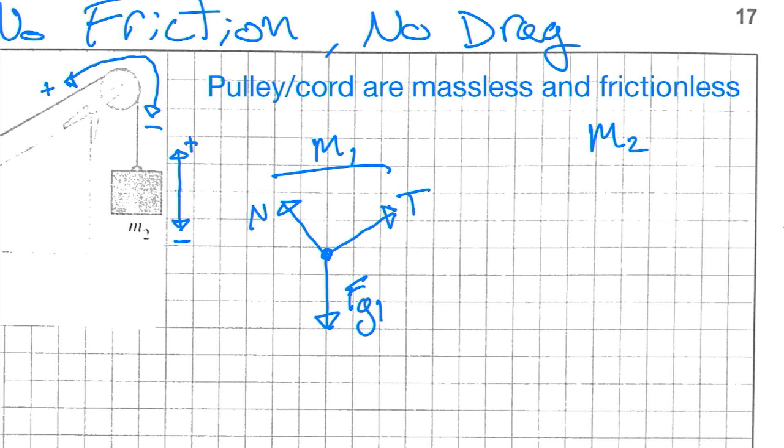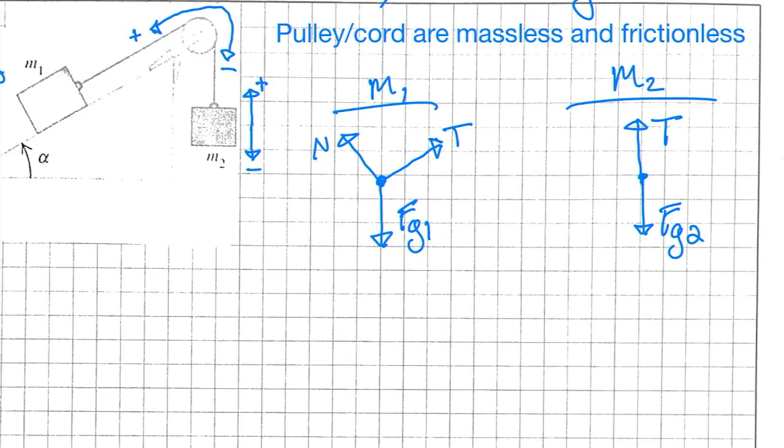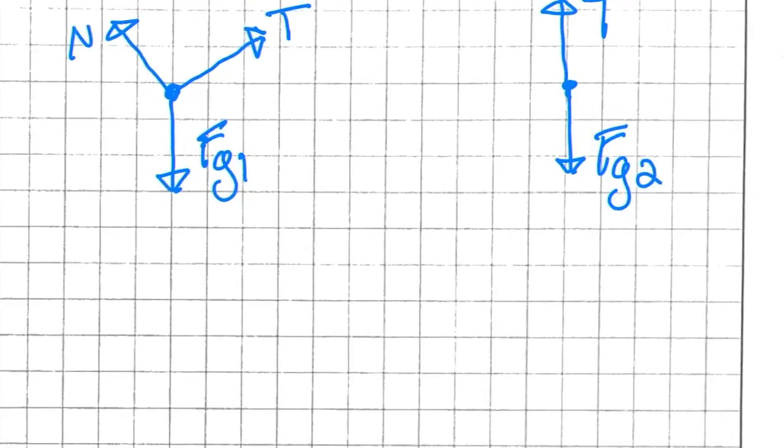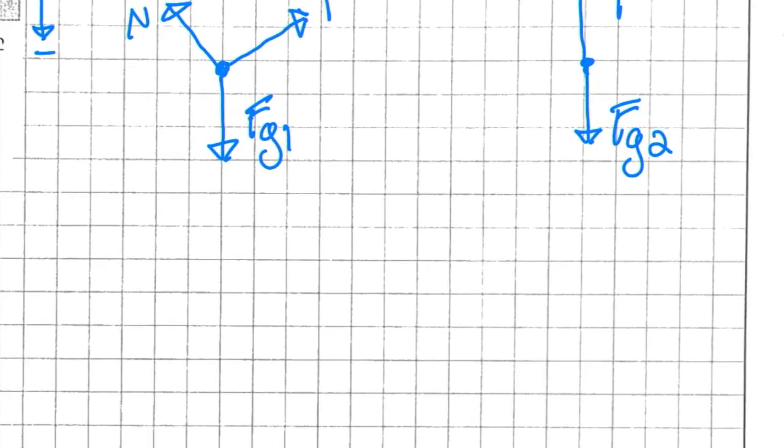For M2, the hanging mass, simpler, we have Fg2, and we have tension going up. So we can now apply Newton's laws for each of these objects here.